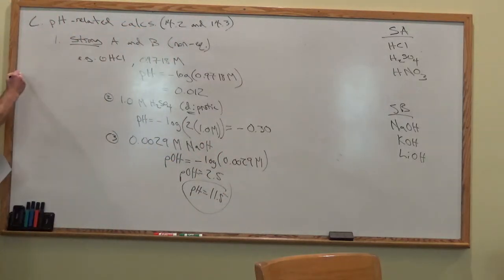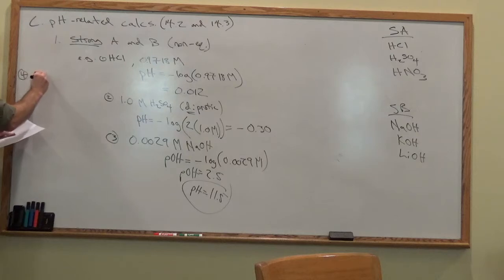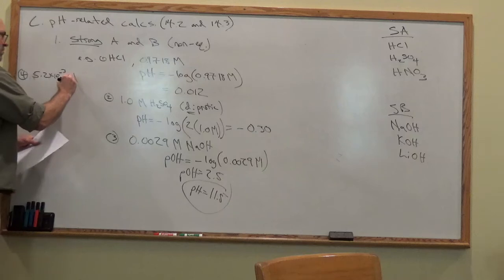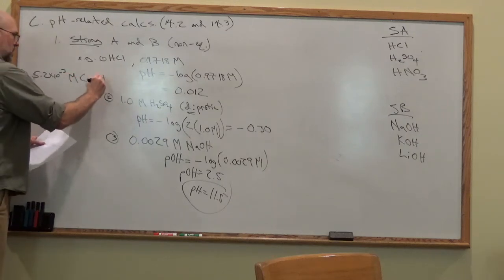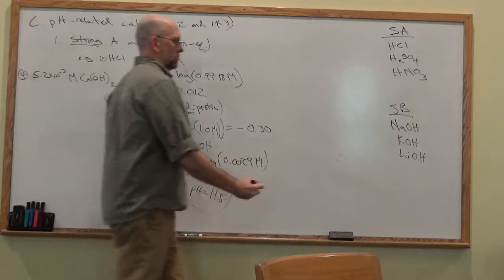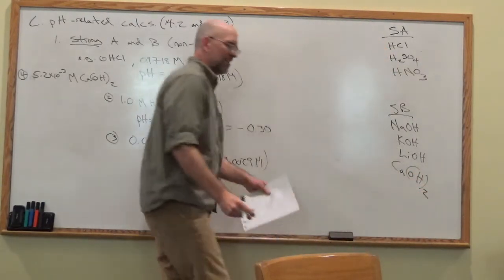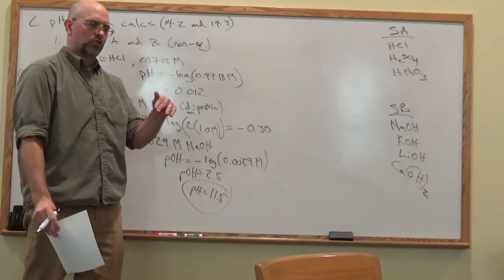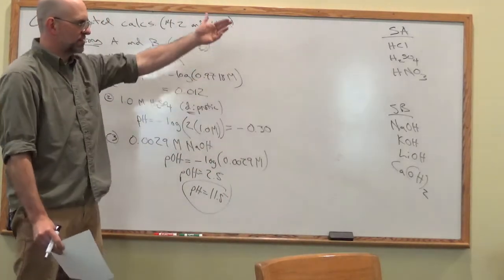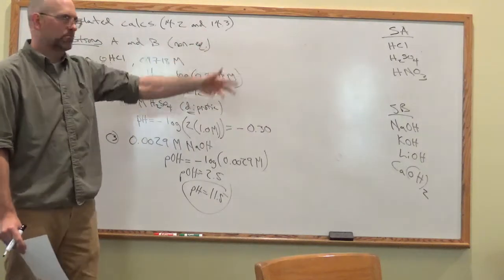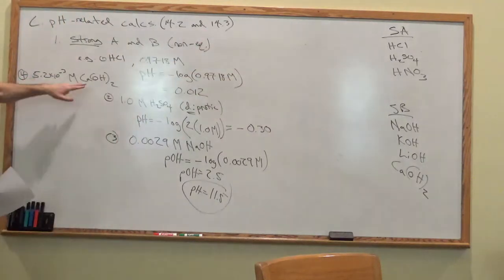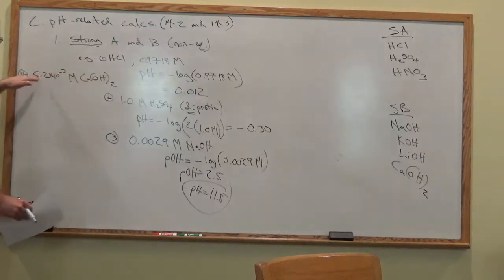And the last one, if you see something like 5.2 times 10 to the minus third, something a little more realistic, a little smaller. Incidentally, I'll try to let you know when you're dealing with strong acids and strong bases, since you may not know. So you grab this one, and you get 2 OHs for every one that goes here.